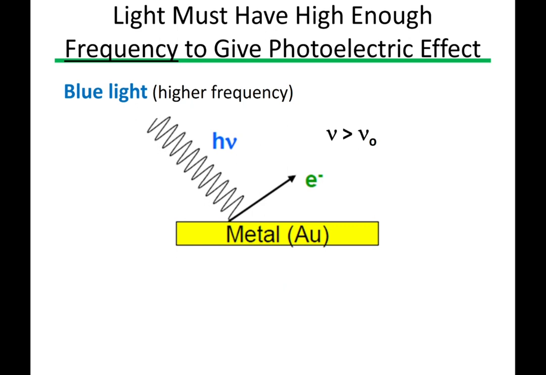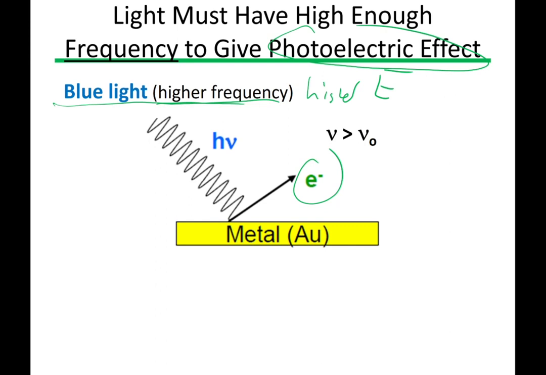However, if we used a blue light, which has a higher frequency and so a higher energy, we can get an electron ejected from the surface of the metal. And this would be true even with dim blue light, showing that in order to generate the photoelectric effect, you just needed to have a photon with high enough energy to ionize the metal.